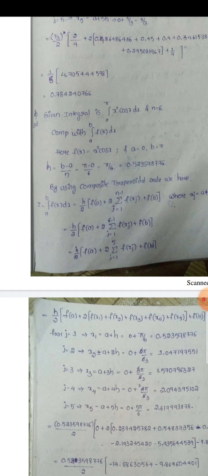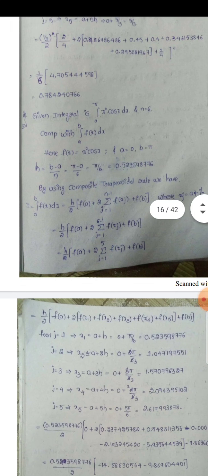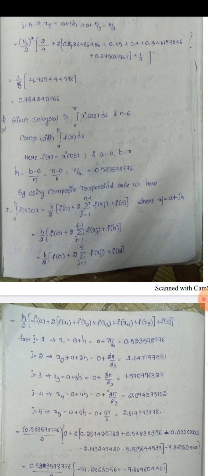Equals 0.5236. By using composite trapezoidal rule, we have I equals integral a to b f of x dx equals h by 2 into f of a plus 2 summation j equals 1 to n minus 1 f of xj plus f of b, where xj equals a plus jh.